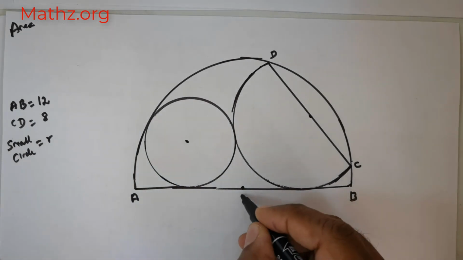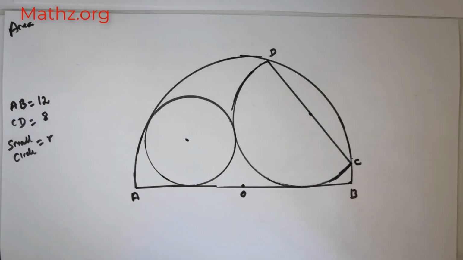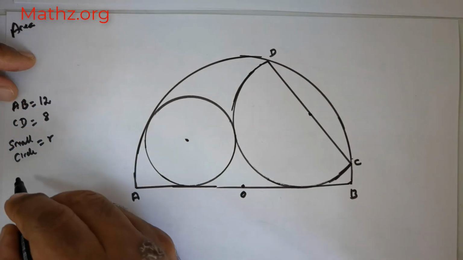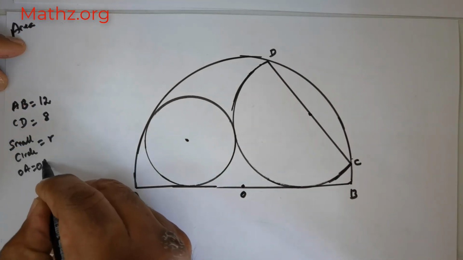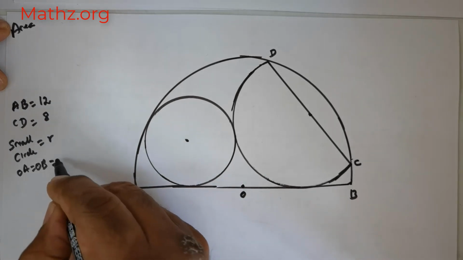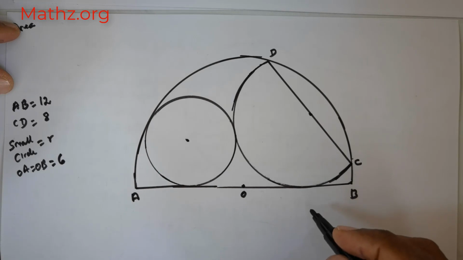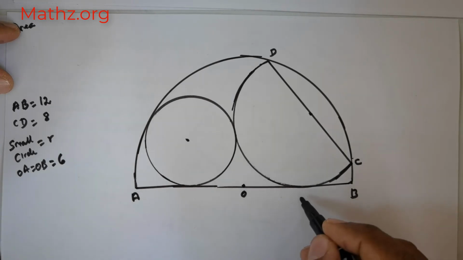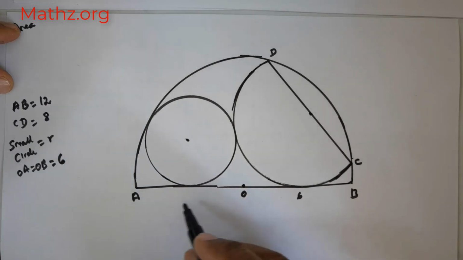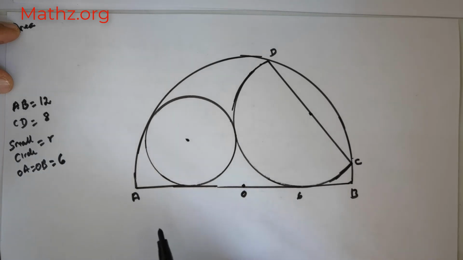Now I'm going to take this point as O. If I take this point as O, then OA is equal to OB is equal to 6 units. So this distance is going to be 6 units and this distance is going to be 6 units. Okay, fair enough.